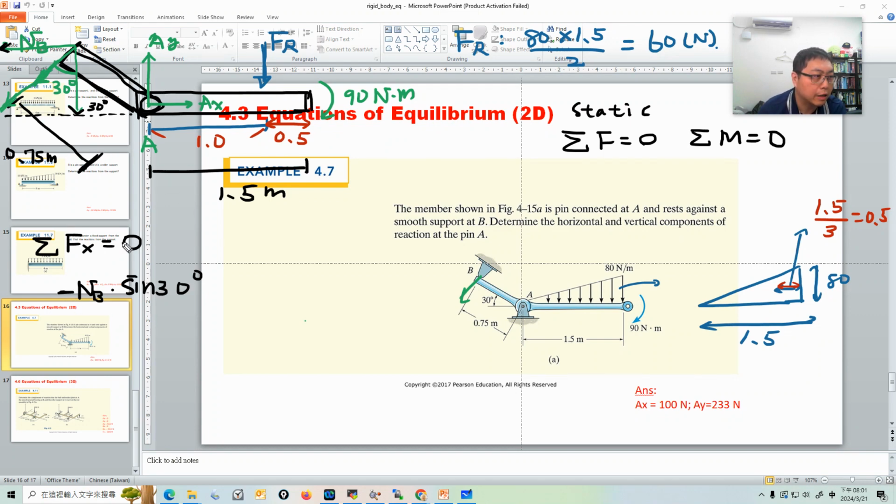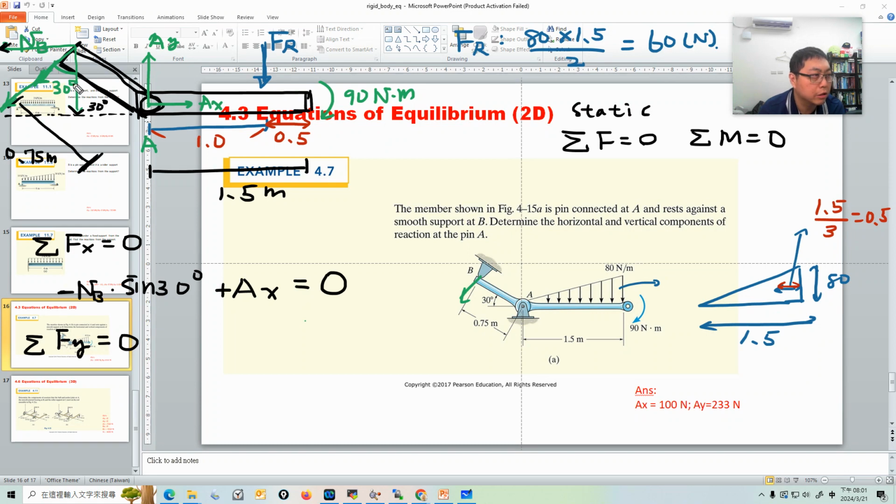And in the X component equation, we have AX, which we assume points to the right, equal to 0. One equation, but two unknowns, not solvable, so we have to use another equation.